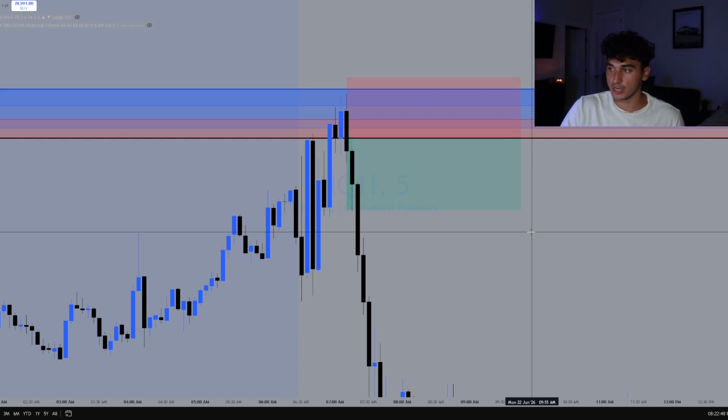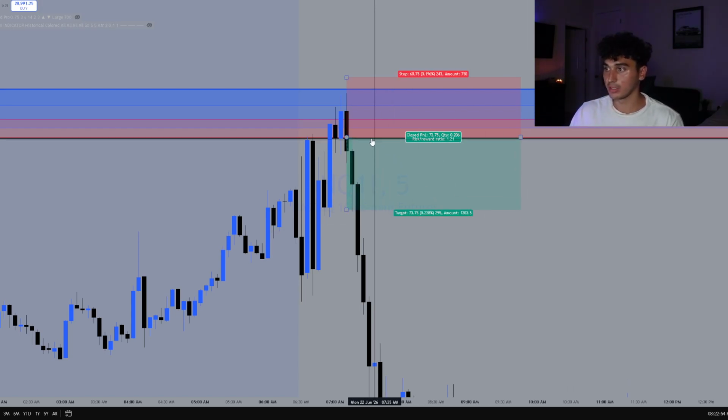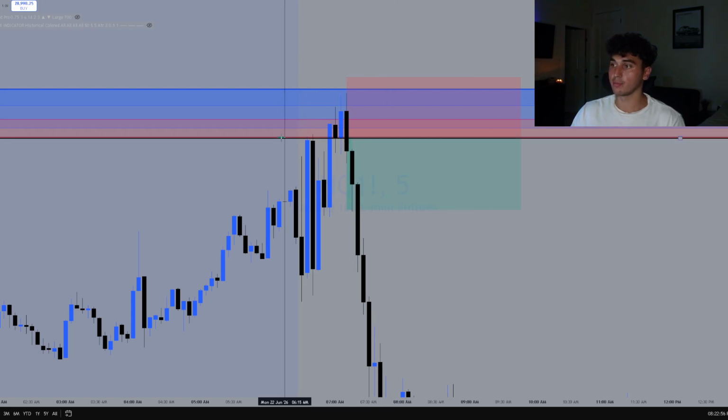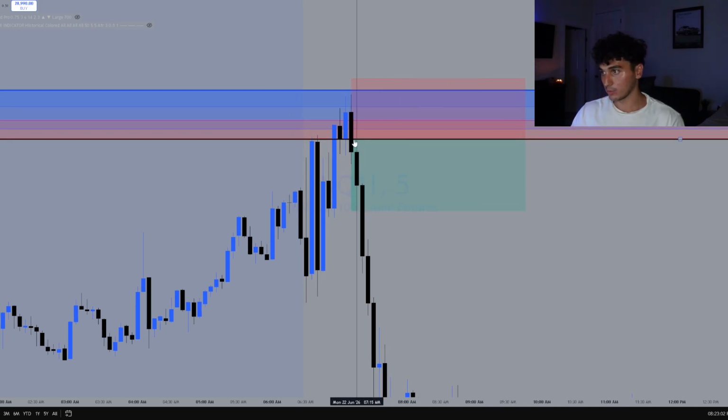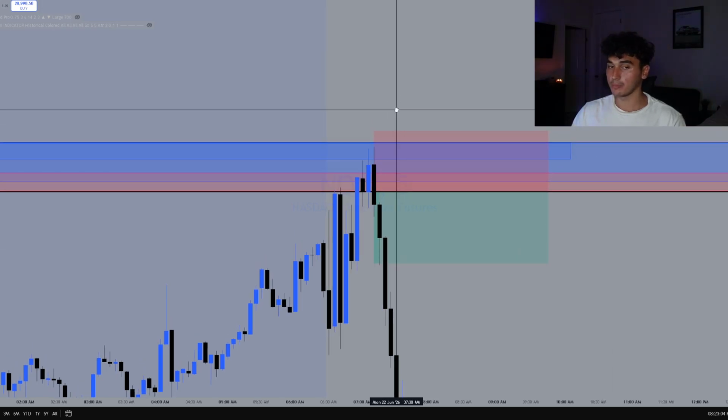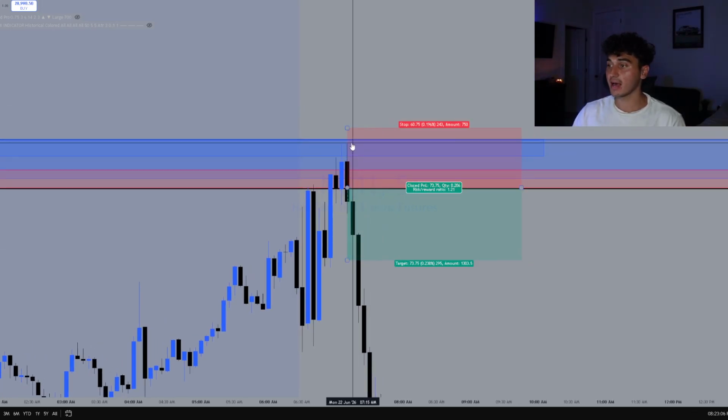Because you don't want to just enter and get faked out, right? So we have multiple different confluences stacked on top of each other. Let's just say we were to enter at a breakthrough of that low from where this key level was created. We'd put our entry right here. Our stop loss, like I said, is an invalidation above our zone, so right here.